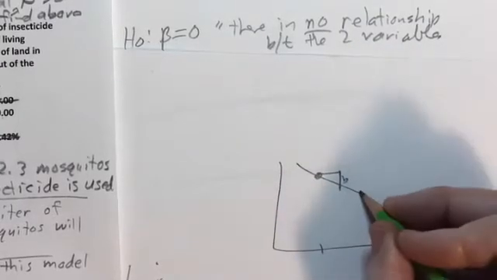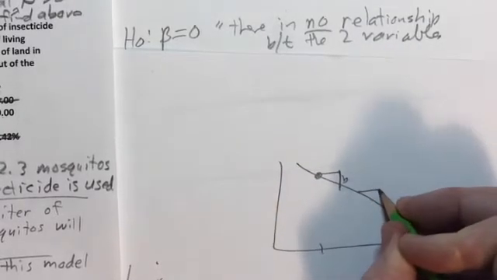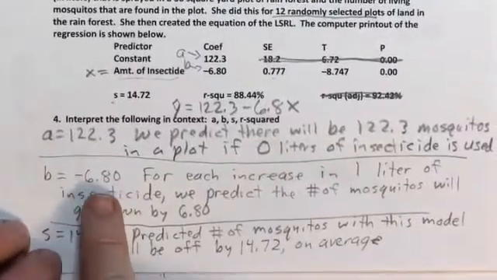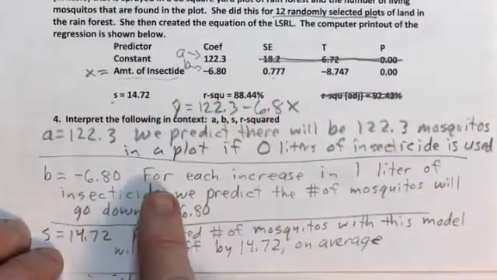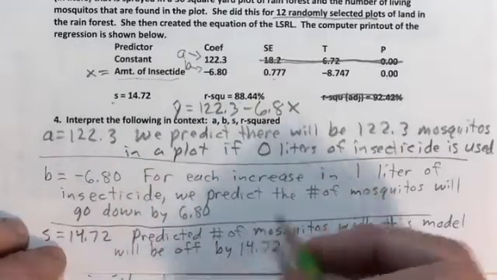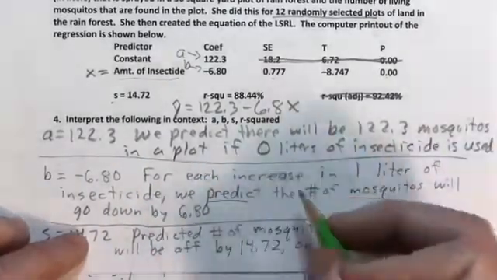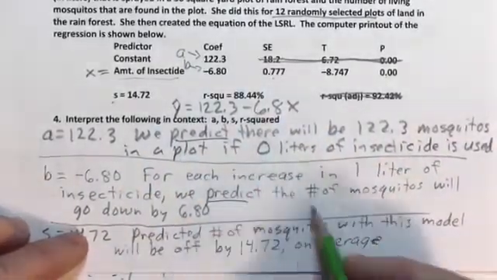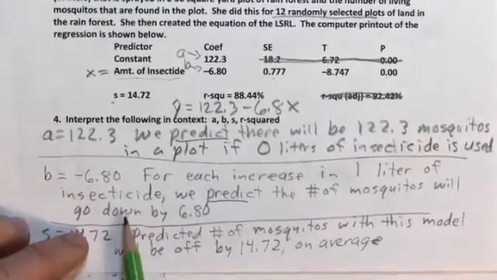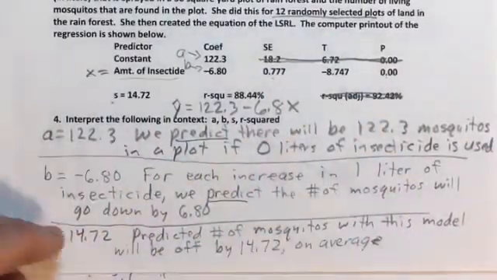That is interpreting the slope. For each increase of 1 liter of insecticide, we predict, and don't say definitely, by the way, say we predict, the number of mosquitoes will go down by 6.8. Since it's negative, you say go down. Of course, if it was positive, you'd say go up.